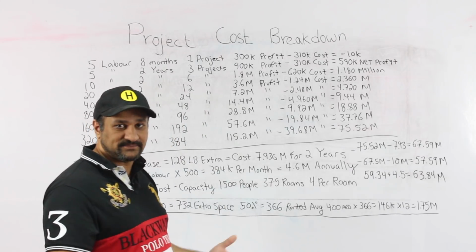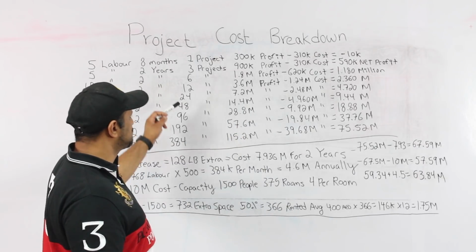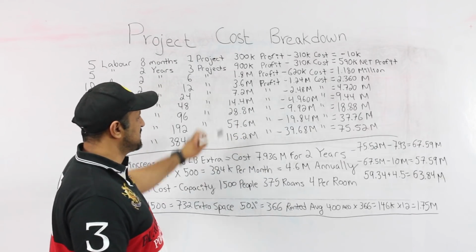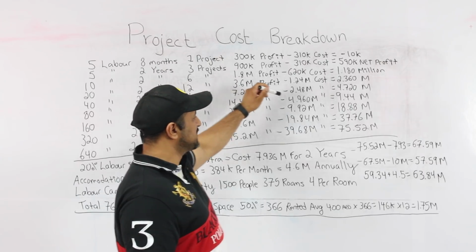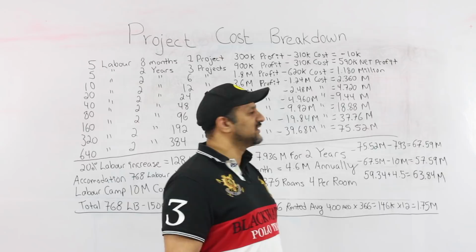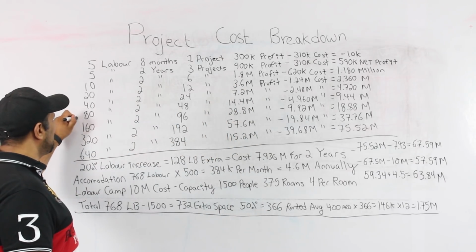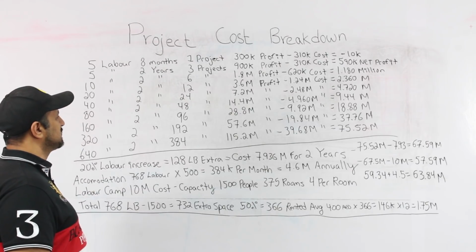Now let's double it again. I have 40 laborers here. 2 years, 24 projects, 7.2 million minus our 2.48 million cost, 4.720 million profit. Let's double it again. We have now 80 laborers.